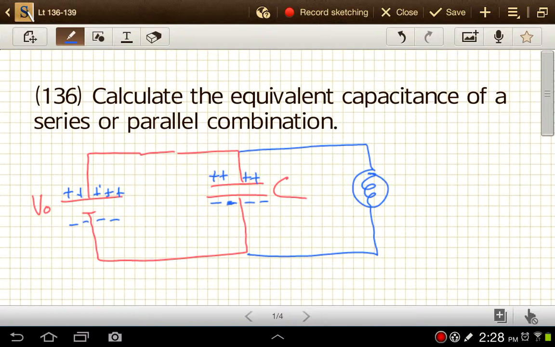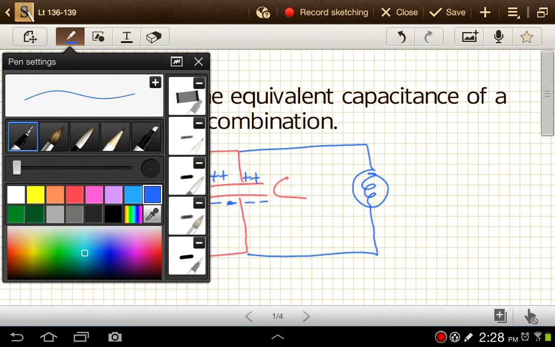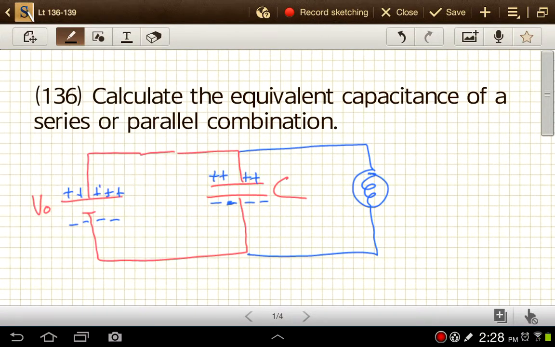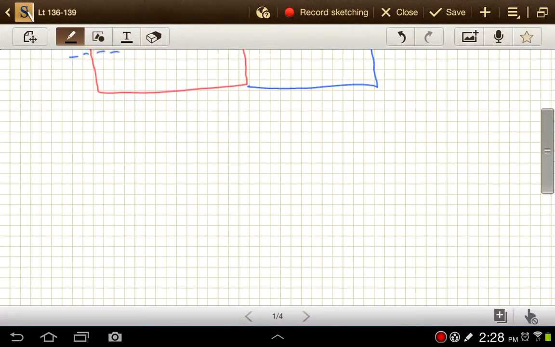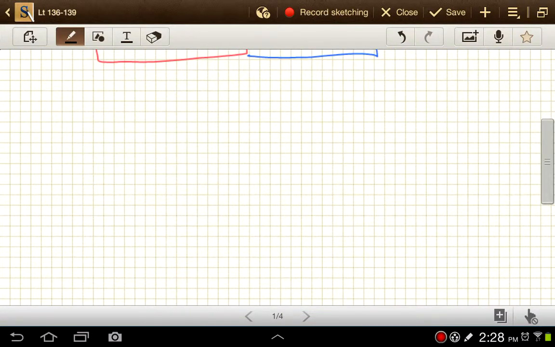Now, if we have more than one capacitor, we can find the equivalent capacitance, just like we found the equivalent resistance, except with capacitance, the rules are reversed. So if we have capacitors in parallel, to get the equivalent capacitance, we'll just add up all of the capacitors.